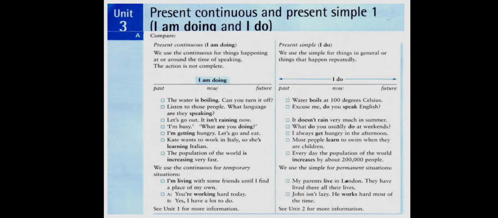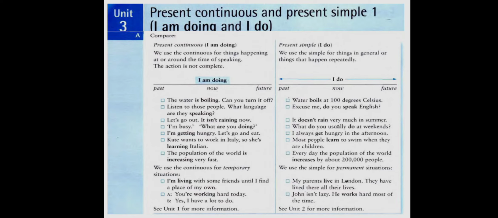It doesn't rain because it is singular, so it must take the s with the verb. But here, since it is negative, we use does, not do. So it becomes it doesn't rain very much in summer. We speak about a fact.